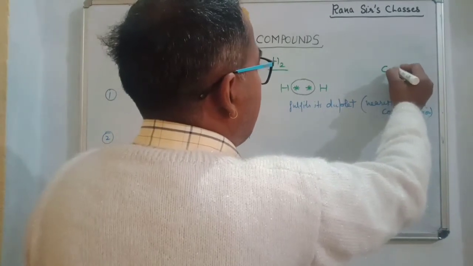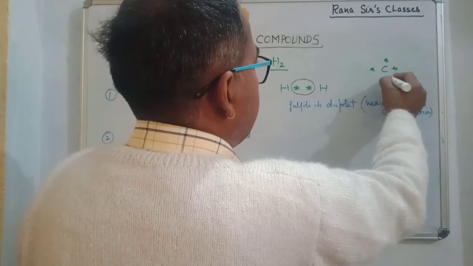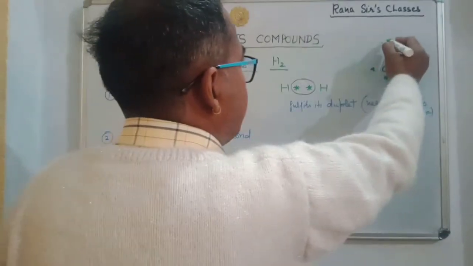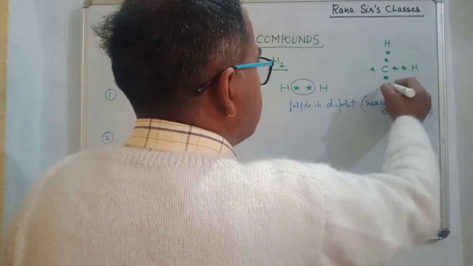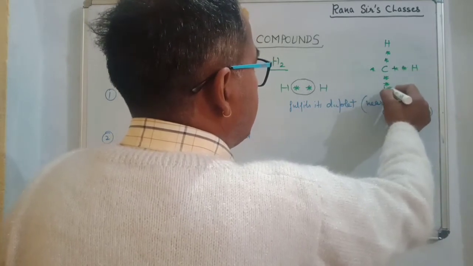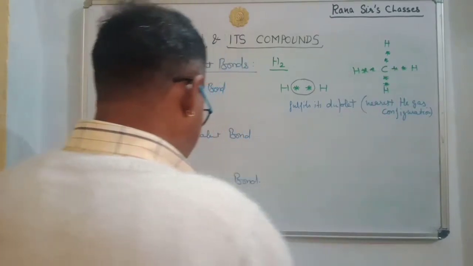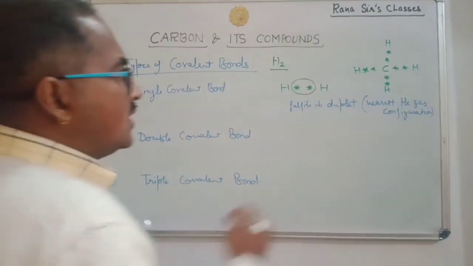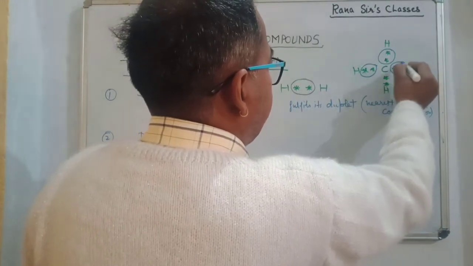Now if we talk about the other example, we have methane. In methane I have already shown you there are 4 electrons of carbon, and they are combining with 4 of the hydrogen atoms, because they are each contributing a single electron. So there are 4 covalent bonds, and they too are single.